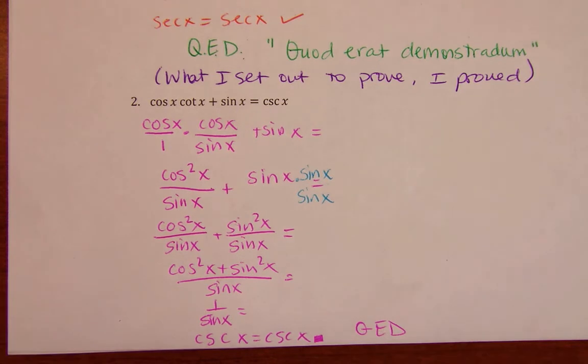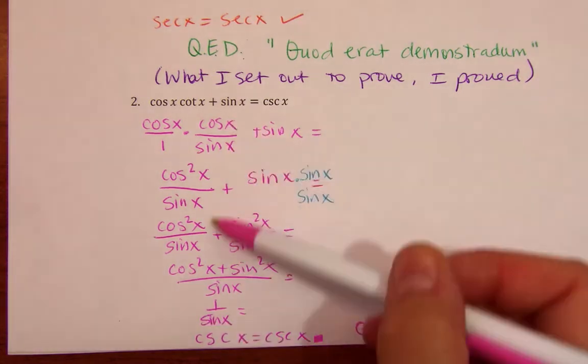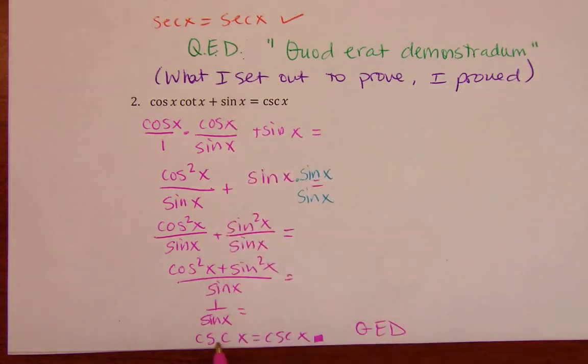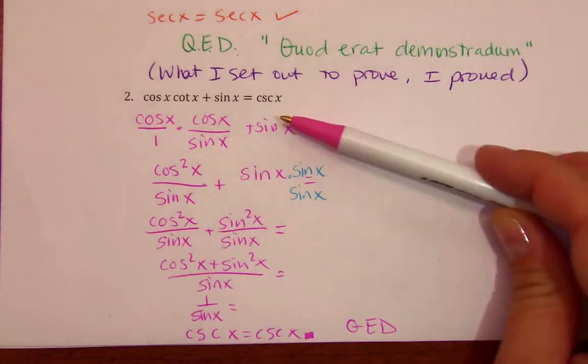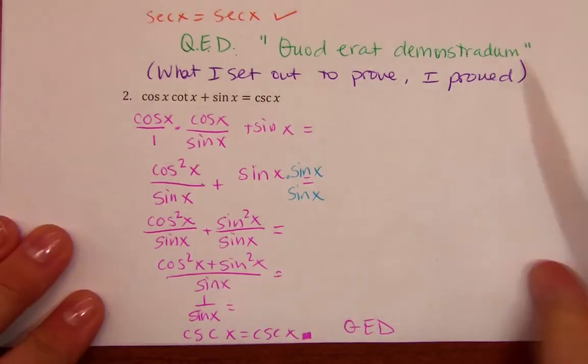That means the same thing as QED. I personally like QED, but you can do that if you'd like. And so this is what we're looking at here. This whole thing is my answer. It's not just this last line that's my answer. I should see this whole process out for each of these questions.